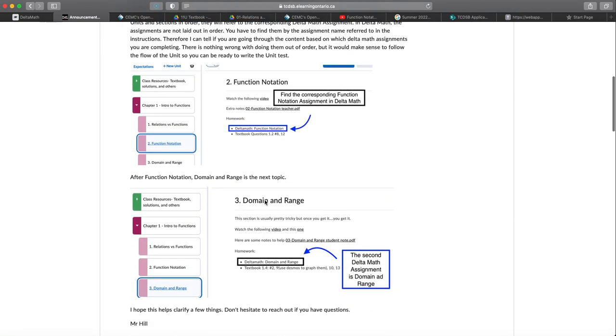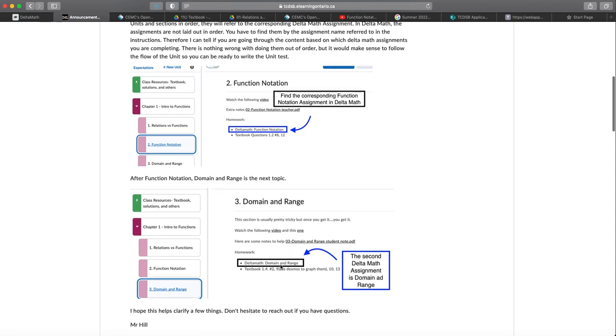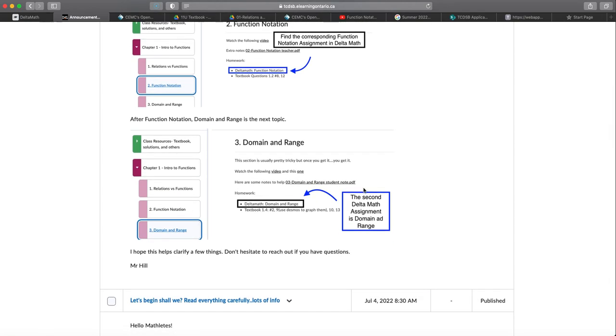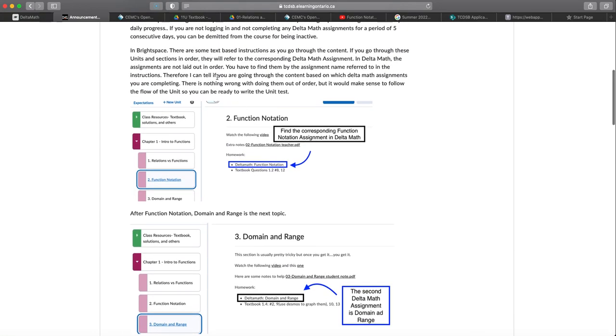The next one in order is, after I've done my domain and range lesson, I go to Delta Math and do the domain and range assignment. So you have to go through the list and find the domain and range assignment in Delta Math, and that's how you navigate Delta Math compared to this content. I hope that clarifies a few things.